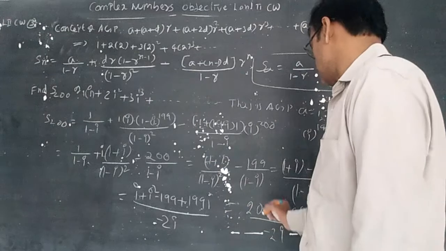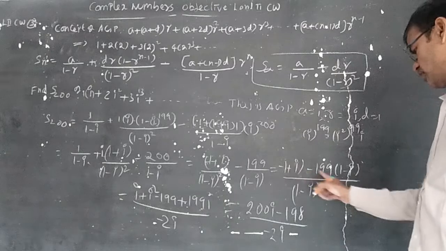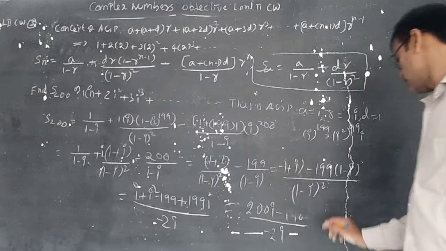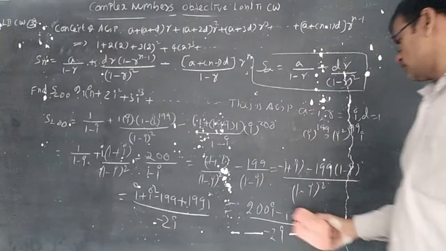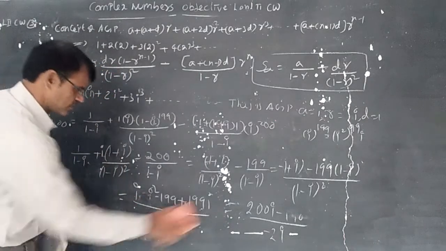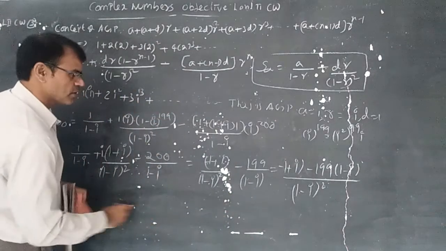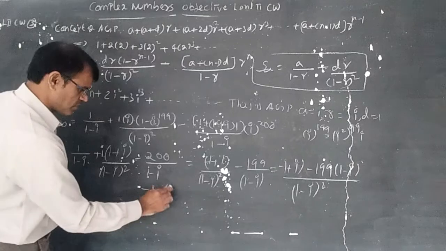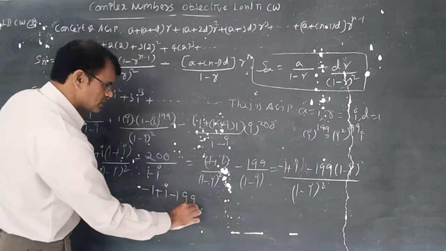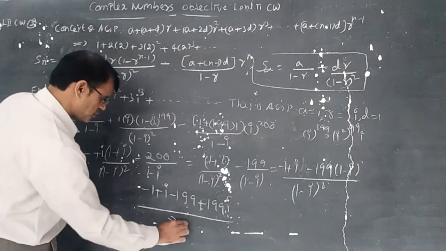minus 1 plus i. Minus 1 plus i, minus 199. This is not minus 1, this is minus 1, so i minus 1 you can write. Minus 1 plus i, minus 1 plus i, minus 199 plus 199i, by this is minus 2i.